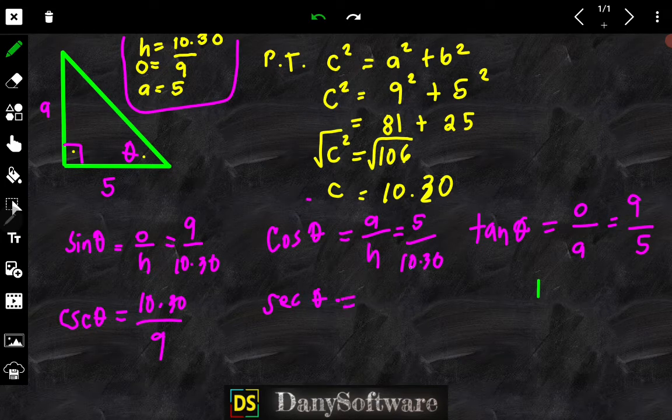So, kung 5 over 10.30 si cosine, si secant will be 10.30 over 5. And then, si tangent, ang reciprocal niya ay si cotangent theta. So, kung ang tangent theta ay 9 over 5, ang cotangent natin will be 5 over 9. So, there you have it. You have found the 6 trigonometric functions of this given triangle.